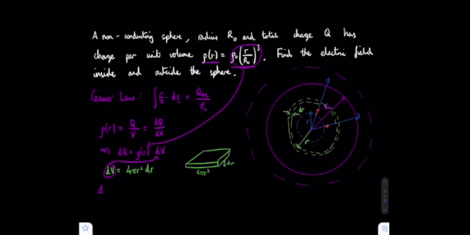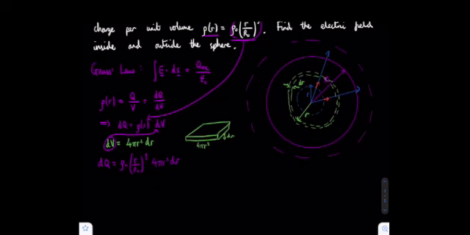So we result in dq equals ρ0 r over r0 cubed times 4 pi r squared dr. And that is equal to, well, let's get the constants to the front, 4 pi ρ0 over r0 cubed. Now it's just the r and dr. So what is r times r squared? It's r cubed dr.